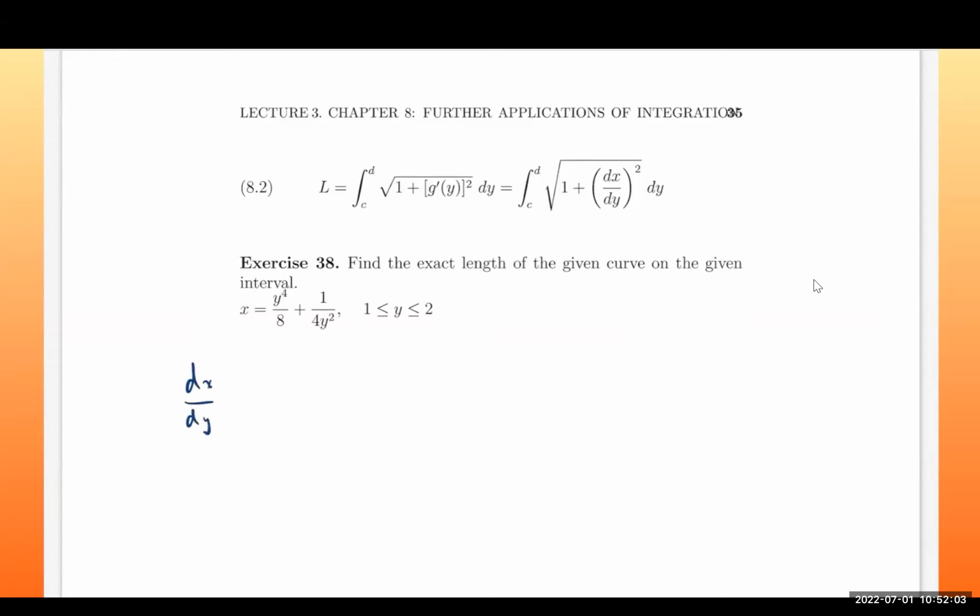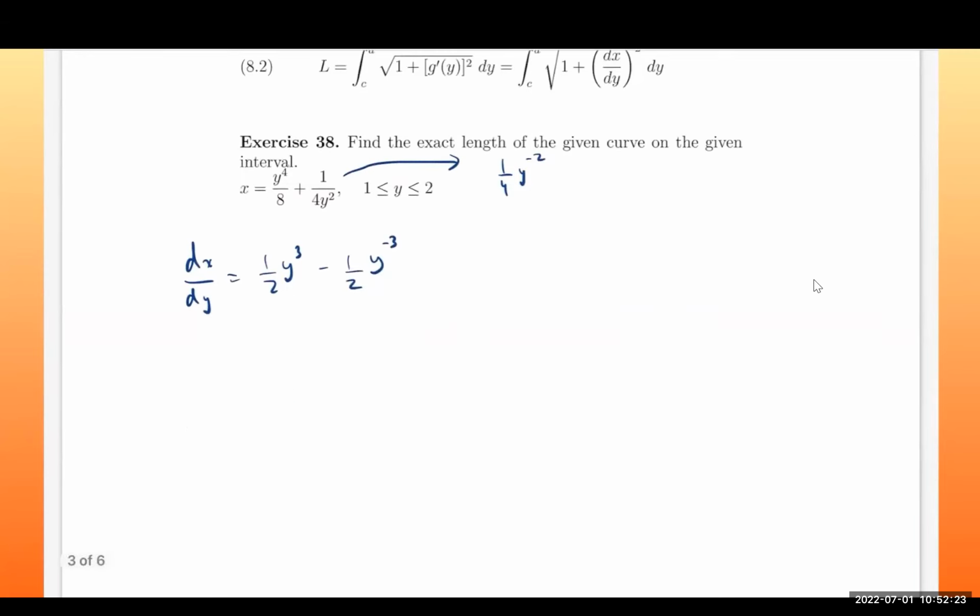So what we're going to do is just take the derivative. You can call it x prime, or you can call it dx/dy if you wish. Same thing. This is going to be 1/2 y cubed. I'm going to rewrite this term as 1/4 y to the negative 2 to make it easier to differentiate. That's going to become negative 1/2 y to the negative 3.